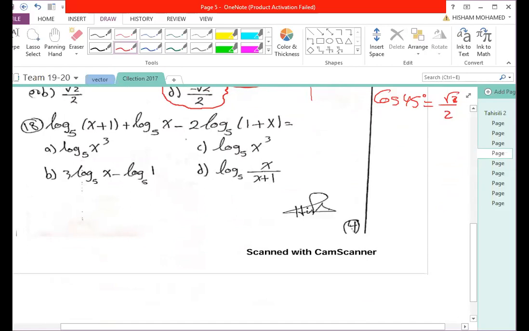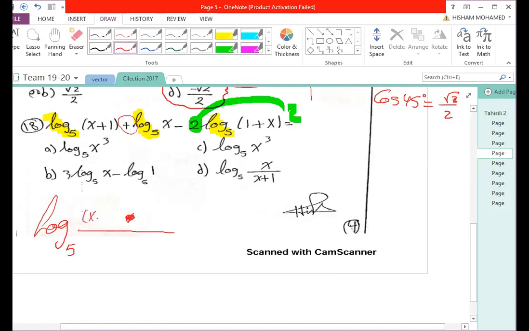Last one. Number 18. I have log with base 5, log with base 5, log with base 5. But before I start working, I should take these two as a power of 2. So the sign here is plus, and if I write 1 log with base 5, it's going to change into multiplication.